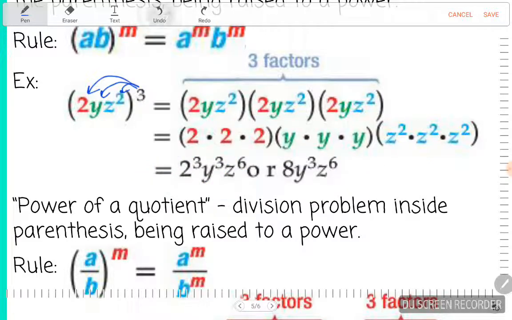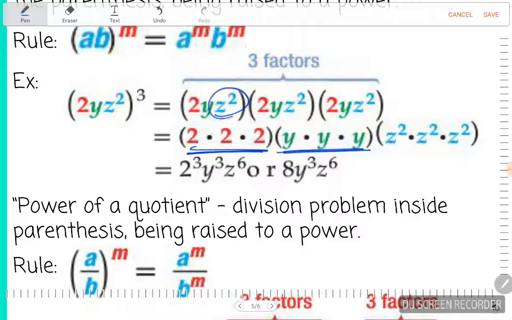Okay, this kind of breaks it down though, so let's see what we get here. To the third power means it's repeated multiplication 3 times, that whole thing 3 times. I gather the numbers, so I've got 2 times 2 times 2, that's this part here. Okay, then I've got y times y times y, so that's this part.